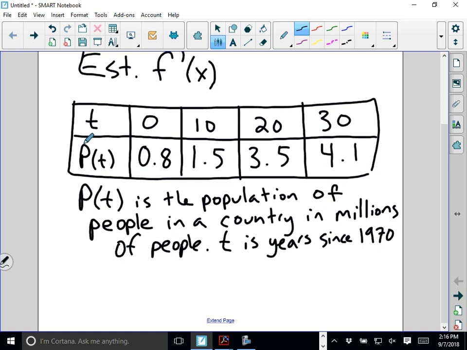Okay. So what I want you to do is, given this information, on the test I might also say P of t is a continuous graph. If we wanted to do IVT stuff, we don't need to do that here to estimate derivatives. So here's what I want you to do. I want you to estimate P prime of 15.